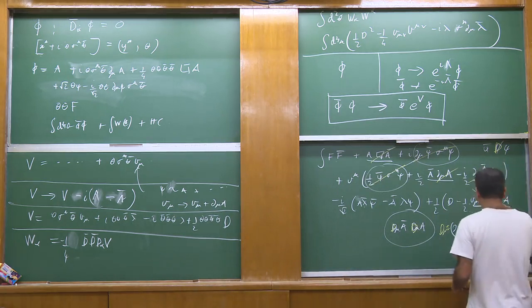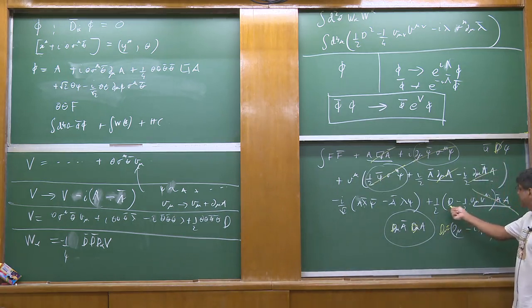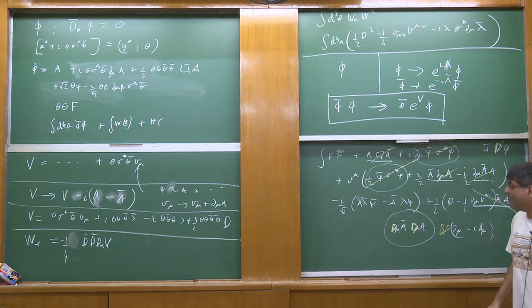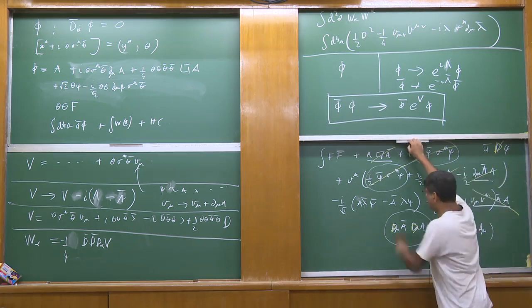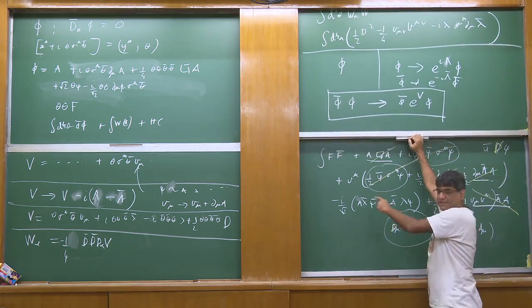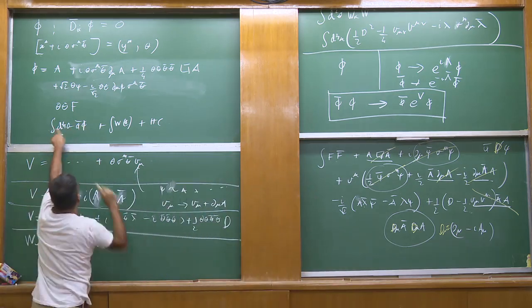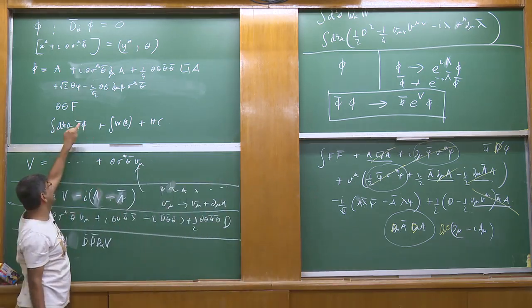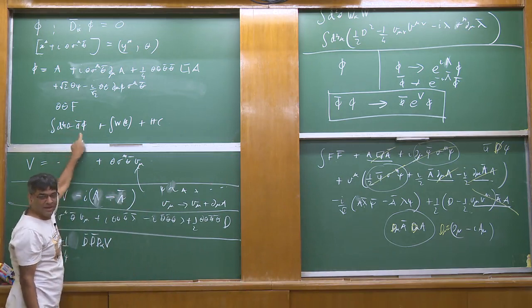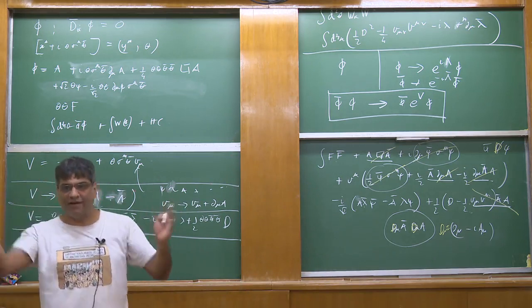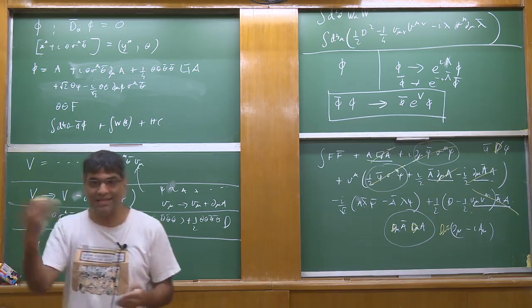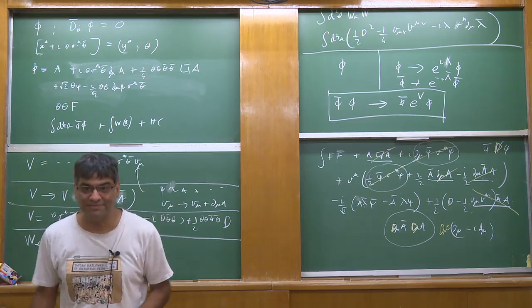And the second thing that's important is that you get this D times a bar a. Now, why is the second thing important? In addition to this, all I've written down here is the expansion of the gauge invariantized version of phi bar e to the power v phi. But we also have d2 theta W alpha W alpha.